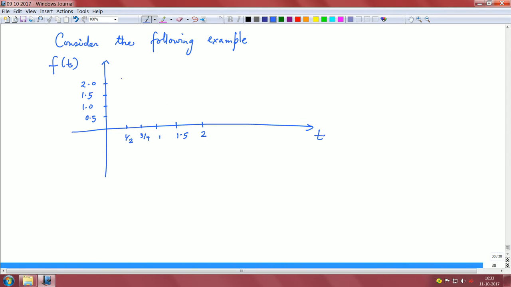So, until half this is basically 2, then there is a sharp dip, it comes to 1, then for the next quarter time step it maintains at 1, and then there is again a discontinuity here, this is 1 minus 1, it stays for the next 1/4 time duration.